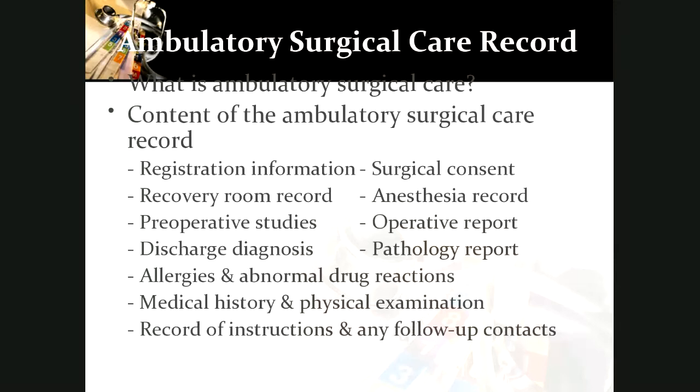Maybe they also need to see their cardiologist because some type of problem happened during the procedure. All of that's going to be documented in that record, okay? Now you can see why we said that the requirements vary and what you're going to find and the type of forms. They vary just a little from setting to setting, don't they?